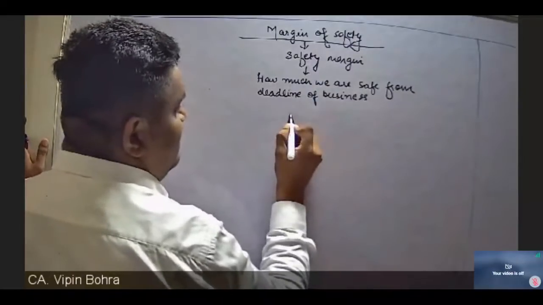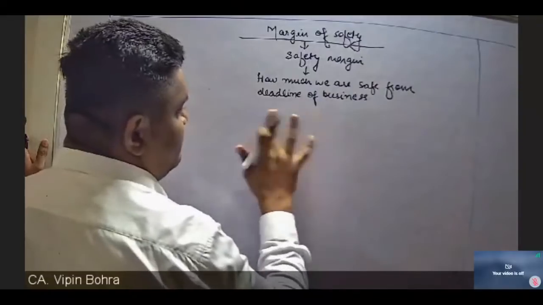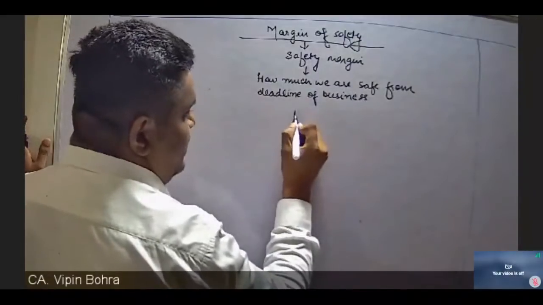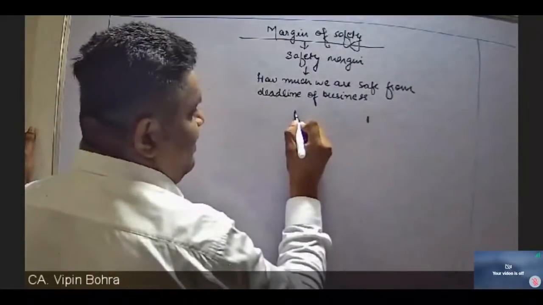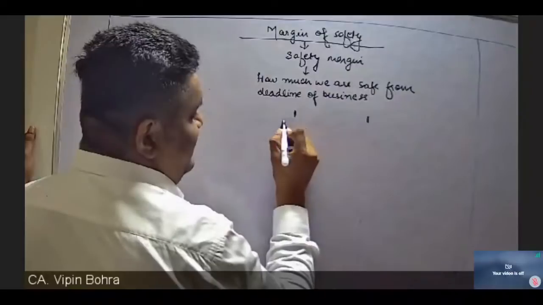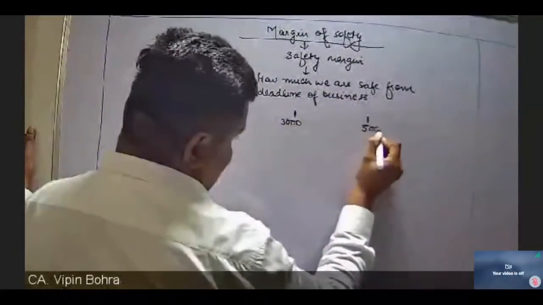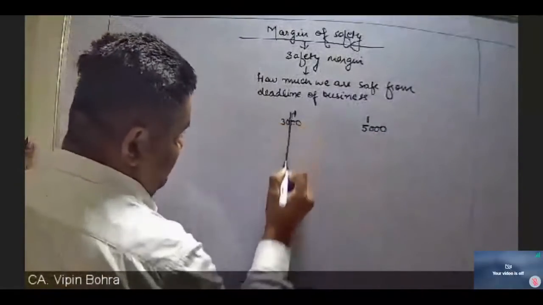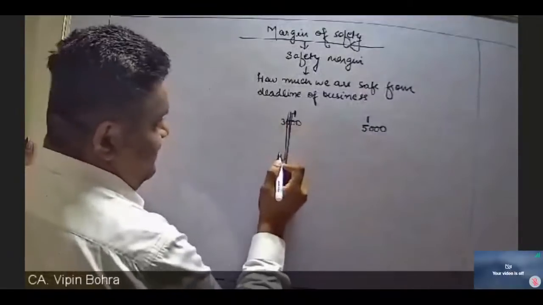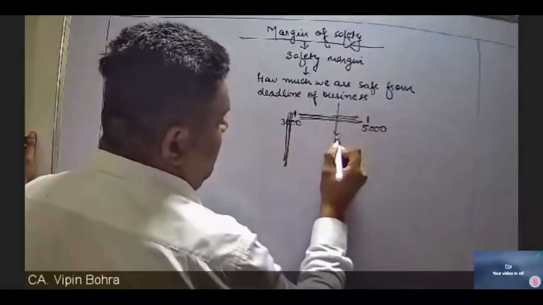Suppose this is the deadline, and I am standing here. Suppose the deadline is say 3000 sales and I am standing at 5000 sales. Once I cross this deadline, I'll fall down. So how much am I safe? 2000.